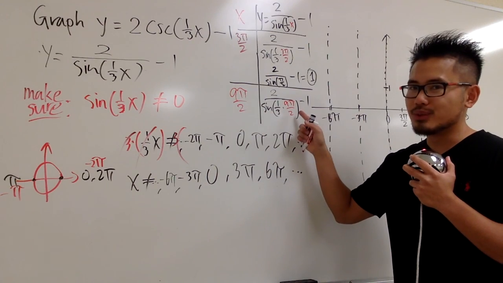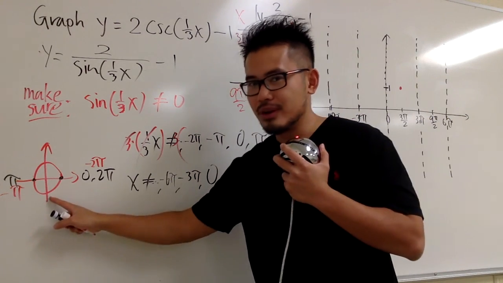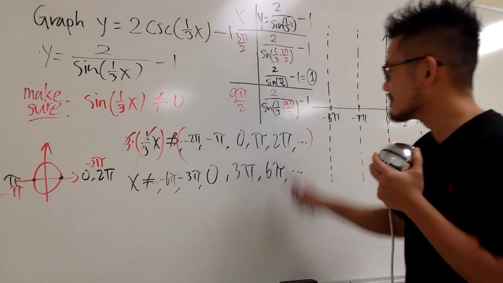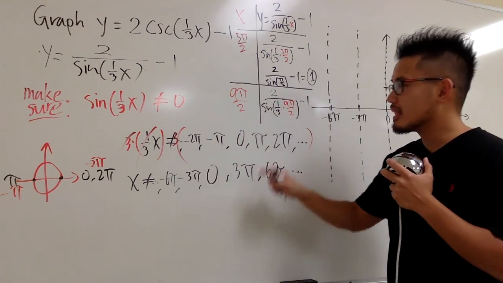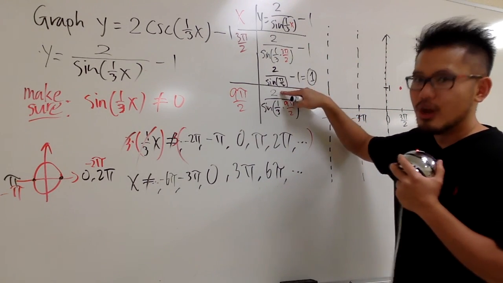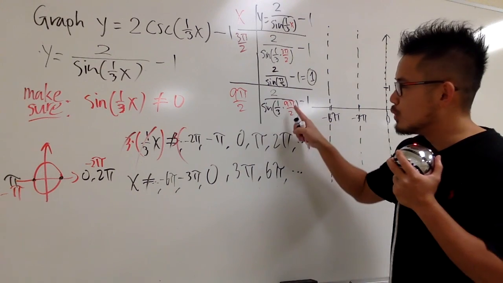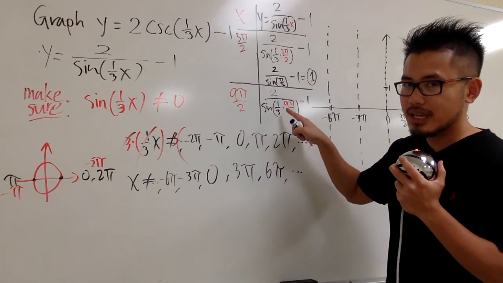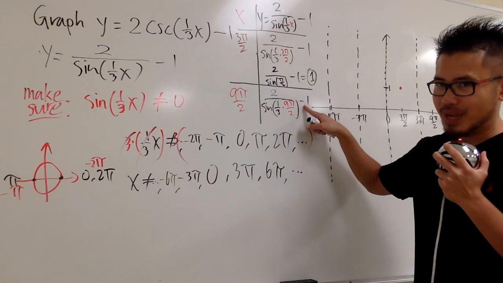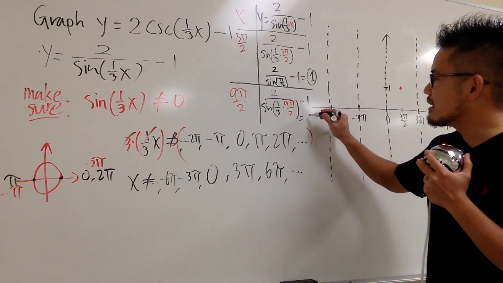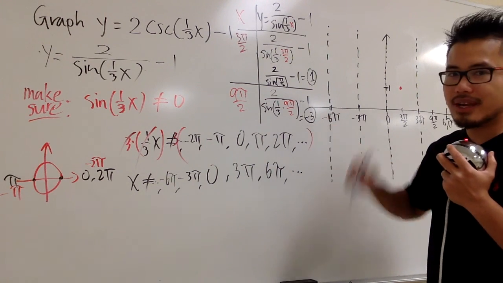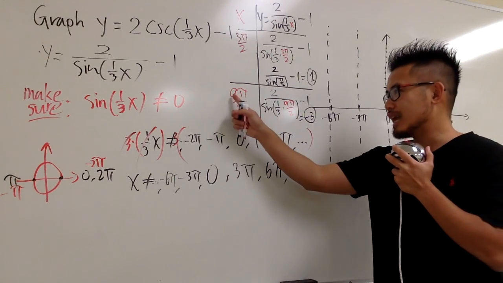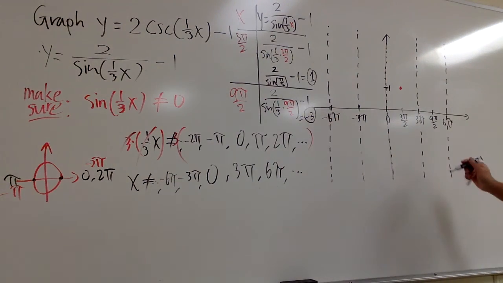Sine of 3 pi over 2 is what? Down here, which is -1. This right here is -1. And then we will have 2 over -1, which will give us -2. And then minus another 1. That will give us altogether -3. Okay? So the point that we have is 9 pi over 2, comma, -3.